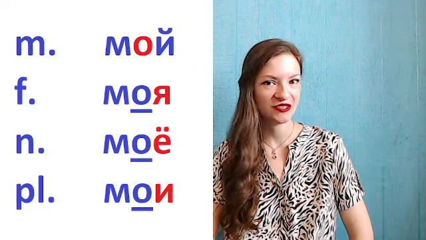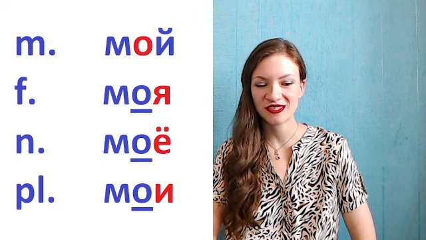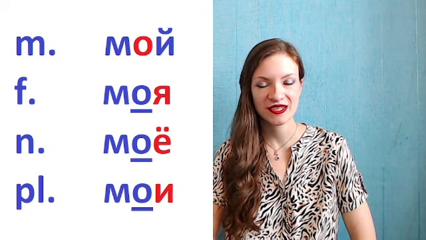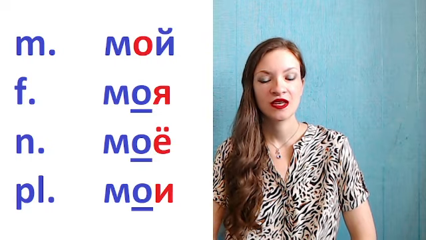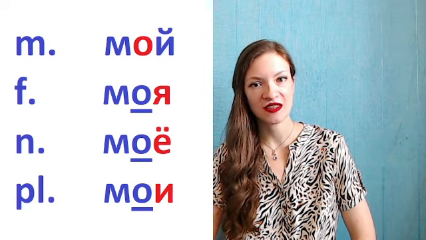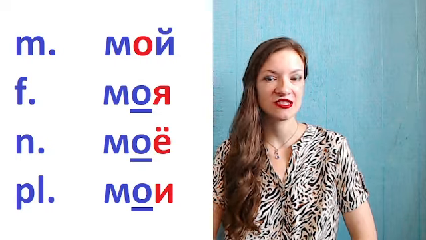And here you need to be very careful, because look, where is the stress in the word мой. The stress is on O. In the word моя, the stress is on ya, and this O is unstressed, in a weak position. So according to Russian phonetics, we have to pronounce unstressed O like A, моя.